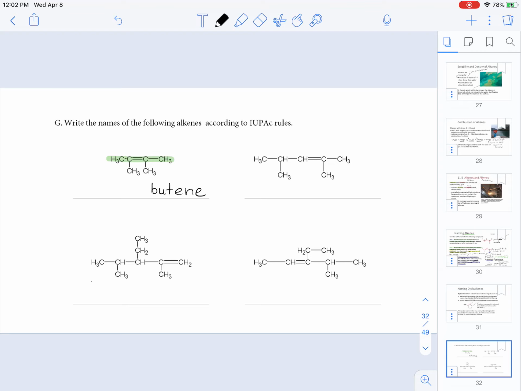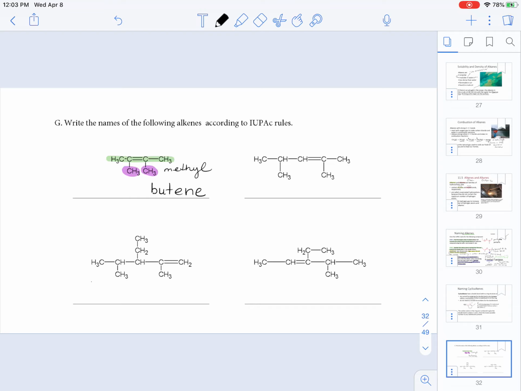Because I have 4 carbons, I'm going to use the prefix but. And because this is an alkene, I'm going to add ene at the end. Now, understand that once we have completed that, in this system, we're going to have 2 substituents. These substituents, I'm going to be highlighting them in purple. And we have 2 of the same. They are both methyl groups.